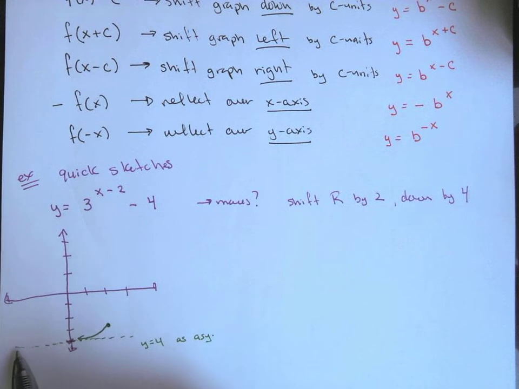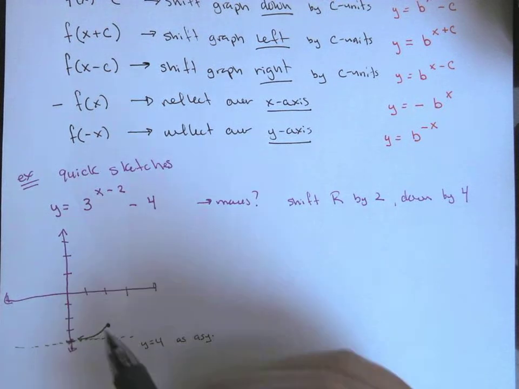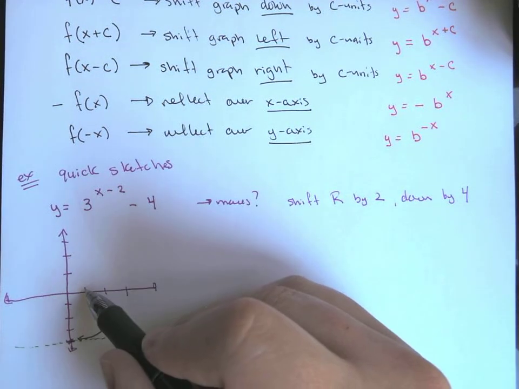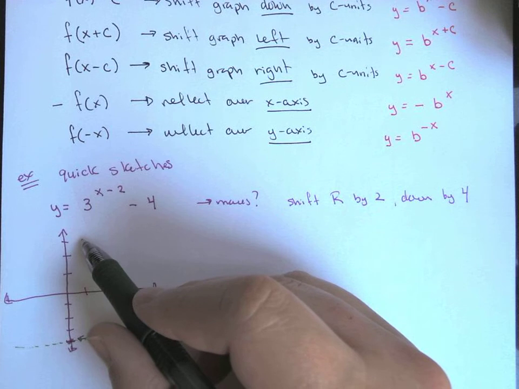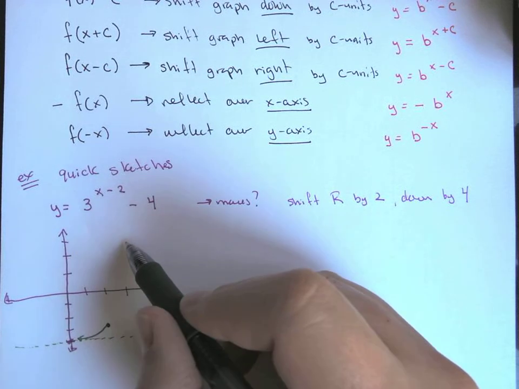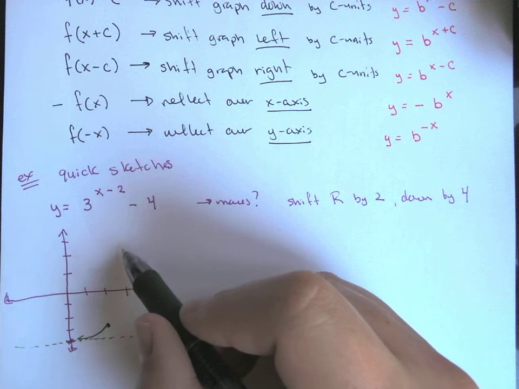This, in theory, is obviously continuing and getting closer and closer and closer. From there, I'm going up and to the right. What would be another value here? When x is 1, in theory, you'd be at 1, 3 for 3 to the x. So now you're going 1, 2 over, and then you're going down 1, 2, 3, 4.